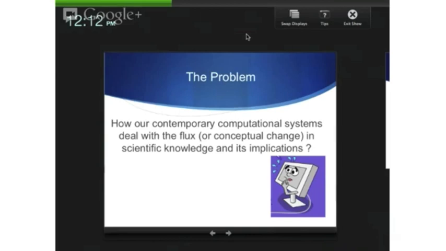So we are making incremental changes to our scientific knowledge every day, and that leads to new conceptualization very often, much more than it used to. And so it is important to address this problem of conceptual change. Coming back to the problem, I believe that this problem has three particular aspects, and I'll be talking about each aspect and what my proposed solution for each aspect is.